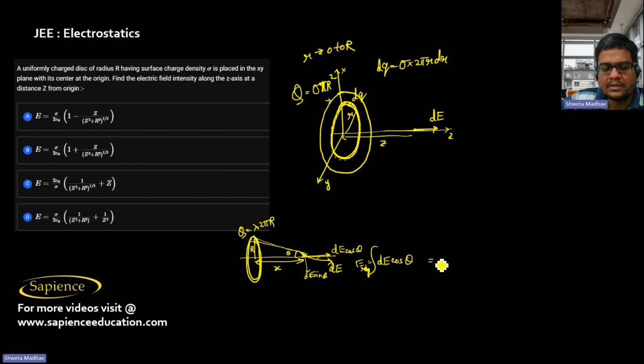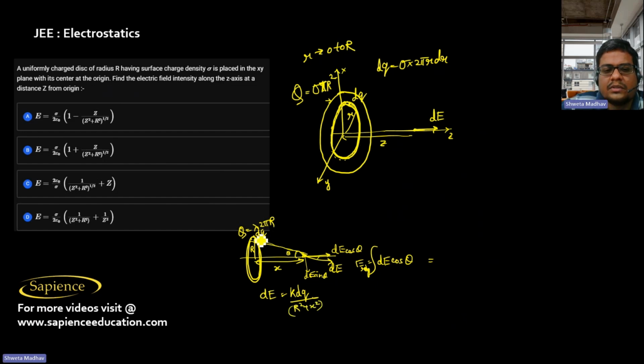Now dE will be k dq by r square plus x square.